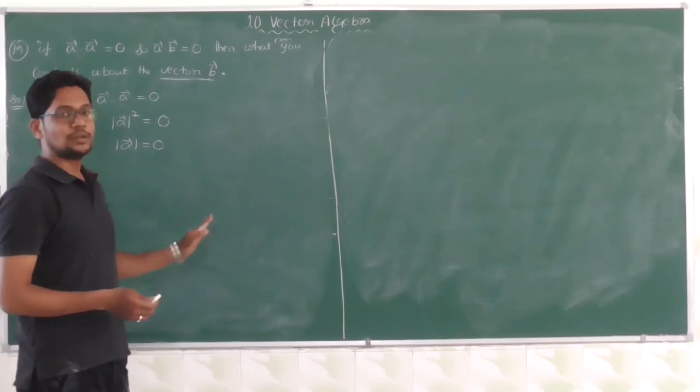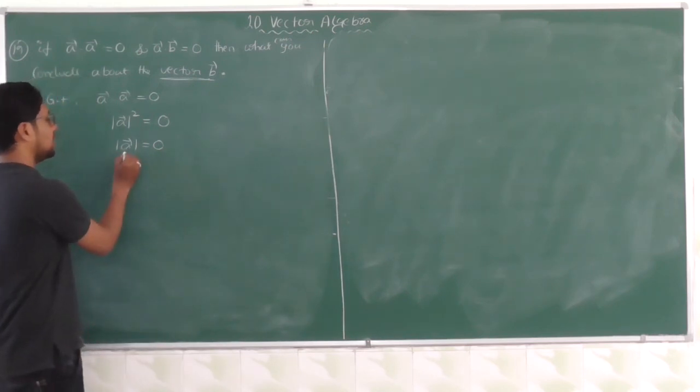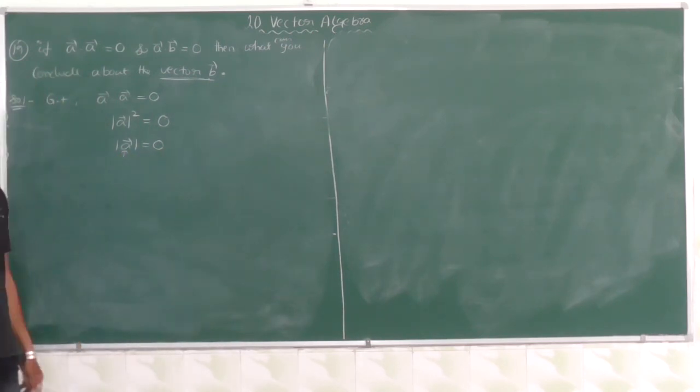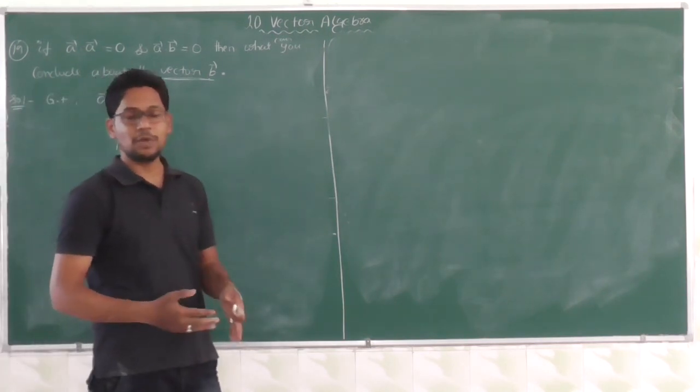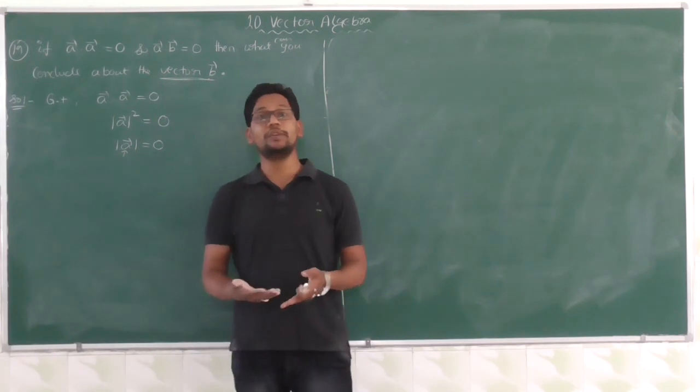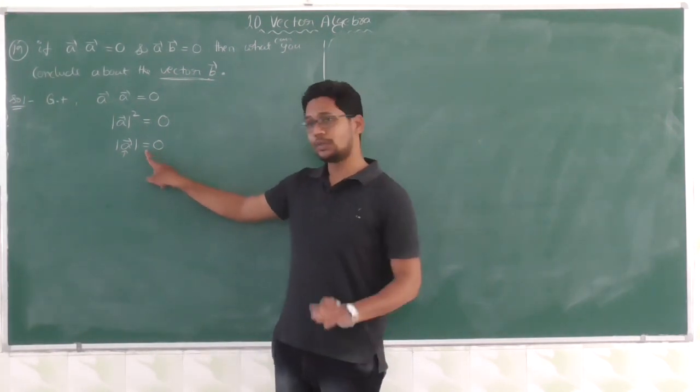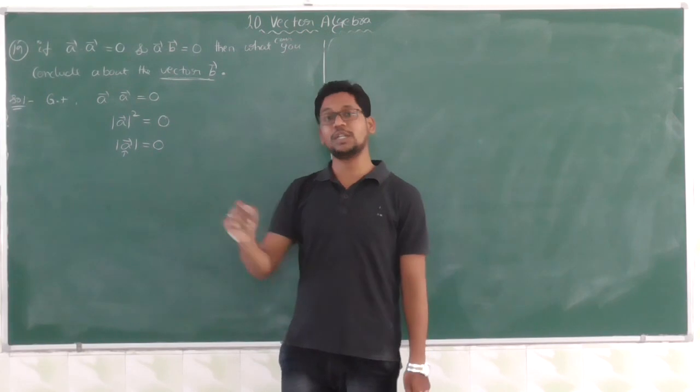Now, magnitude A is 0. Then what about the vector A? Yes, you just recall the zero vector. Zero vector is what? Magnitude of the vector is 0.